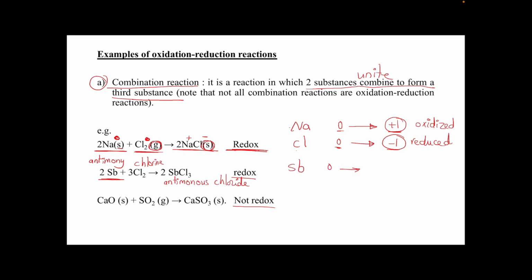By applying the same process, we can find that antimony has been changed from 0 to +3. Chlorine has changed from 0 to -1. So there is a redox reaction that took place. And these are combination. هنا 2 compounds has united to form a third compound.